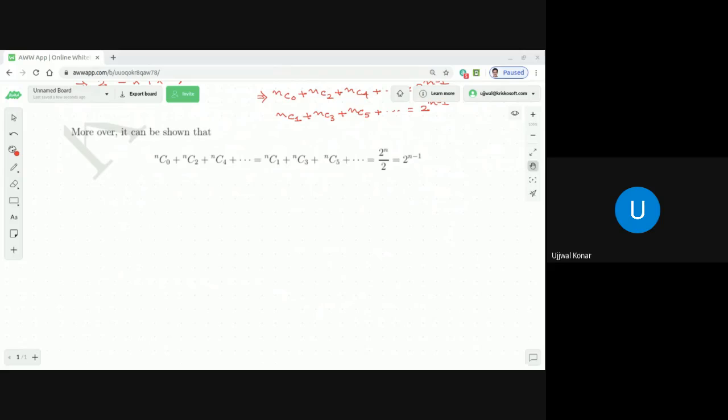But remember this particular observation, and you need to apply it in the numerical properly. For n greater than 1, nC1 minus 2 into nC2 plus 3 into nC3 minus, minus, plus continuously, so the last term will be minus 1 power n minus 1 into n into nCn, that is equal to 0.